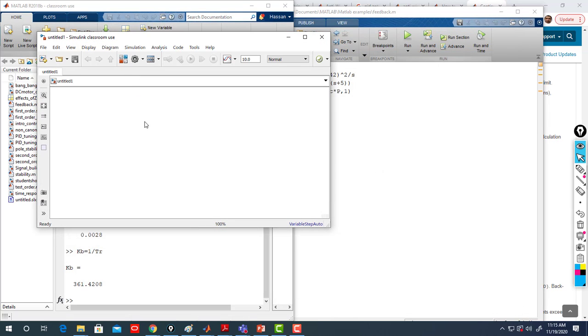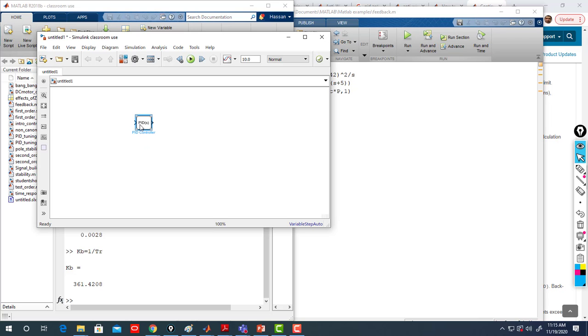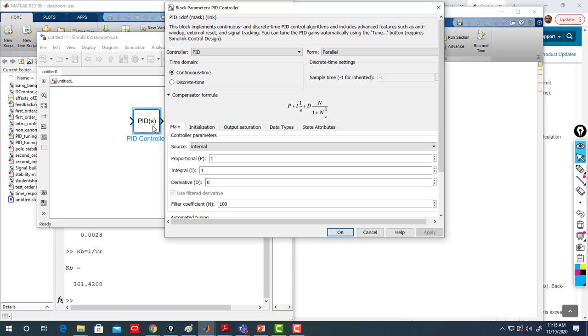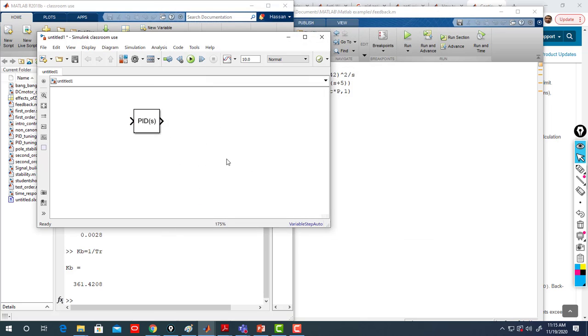a saturation block. PID, you click on it, so you can just use a saturation block without any anti-windup. If you don't want to put the saturation block outside, like here, then you can use it inherently here.